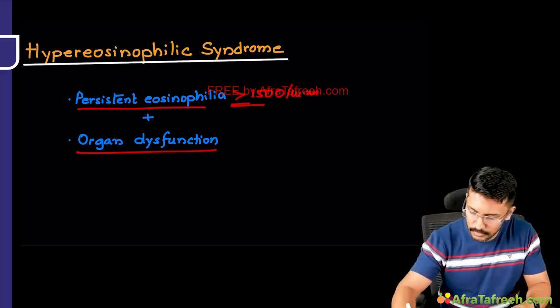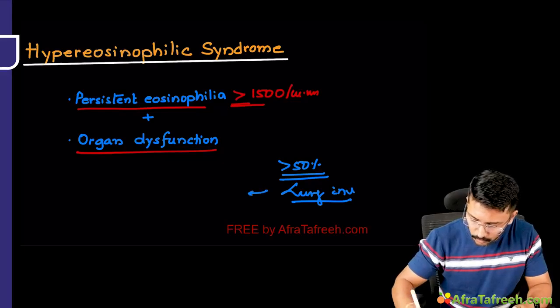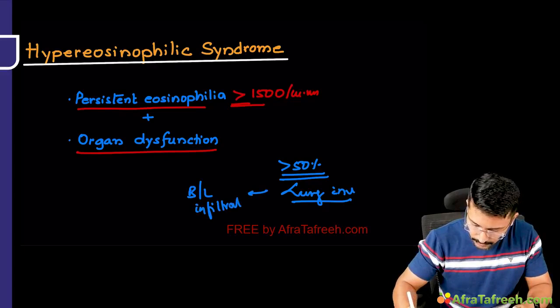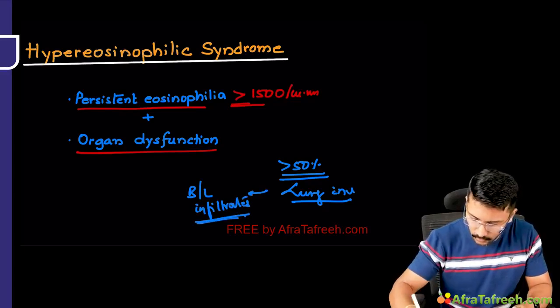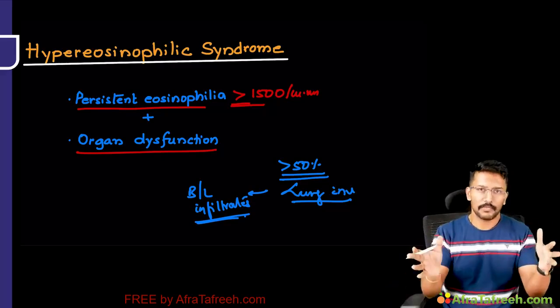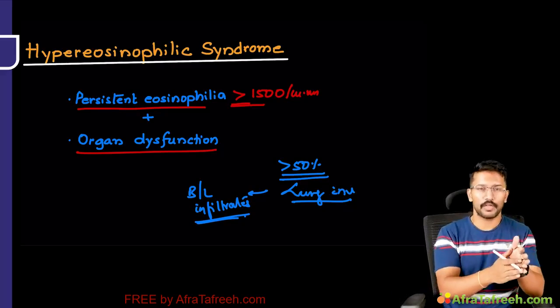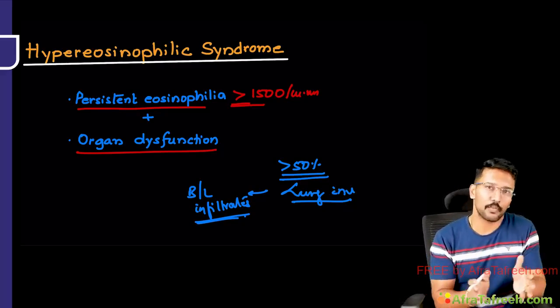And more than 50% of these patients have lung involvement, and lung involvement will be in the form of bilateral infiltrates in most of these cases. Now, in terms of cause for hypereosinophilic syndrome, there is a classification that you will learn in hematology. There is lymphocytic, myeloproliferative, unclassified, and idiopathic.